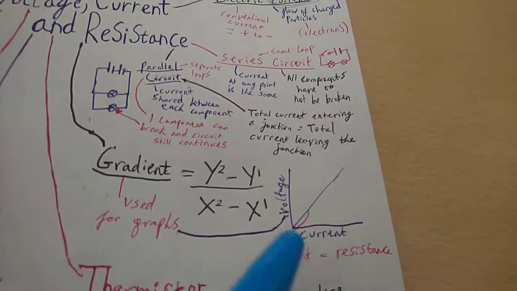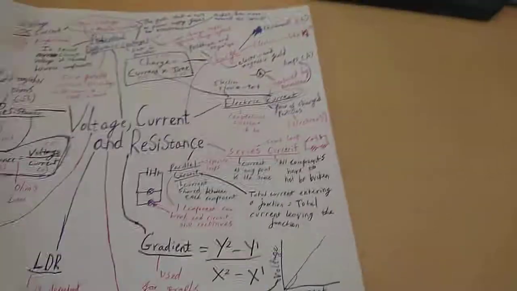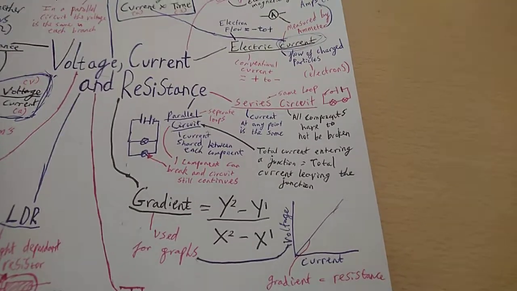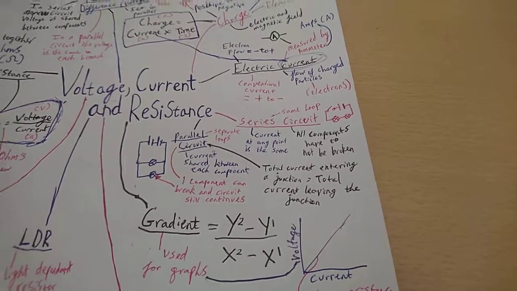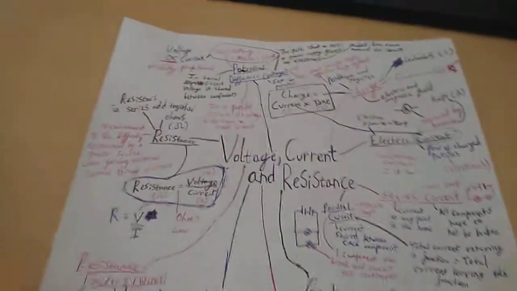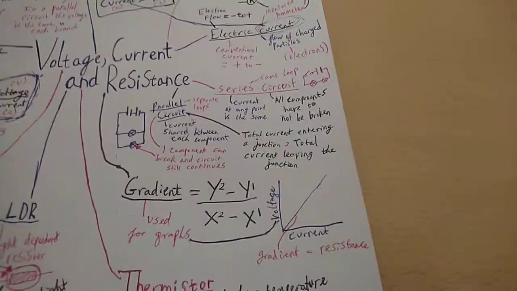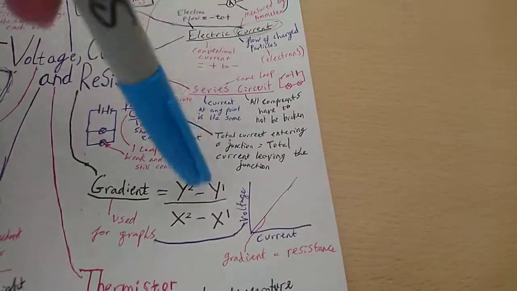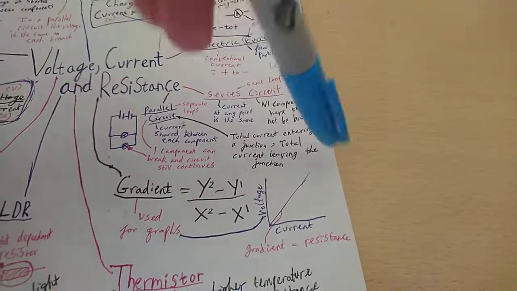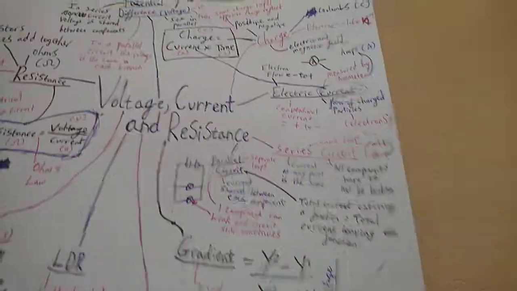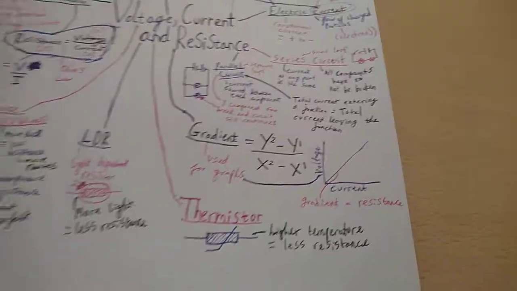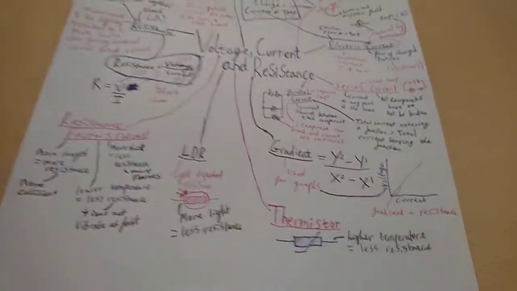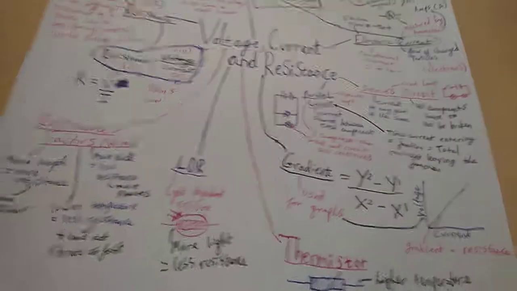On this diagram, if you have voltage there and current there, then the gradient equals the resistance. This is because resistance equals voltage divided by current. So the gradient would be resistance, as the voltage is y and the current is x. There. So that was electricity.